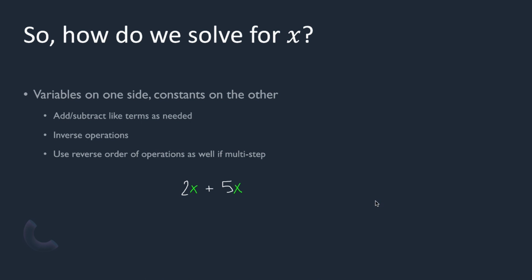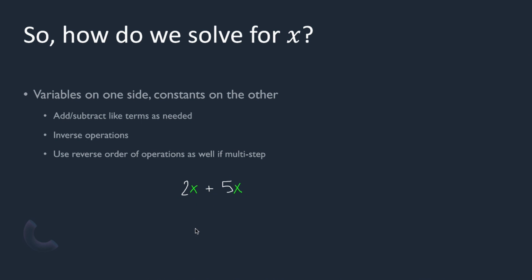And if you're wondering why I put these x's in green, it's to signal to you that these two are like terms and can be combined using addition or subtraction. How? Because both of these terms have this x at the end.